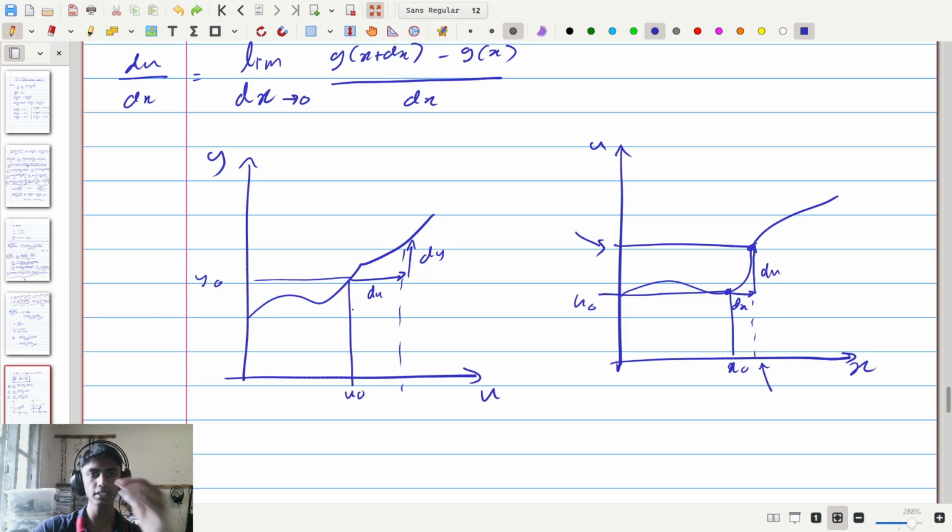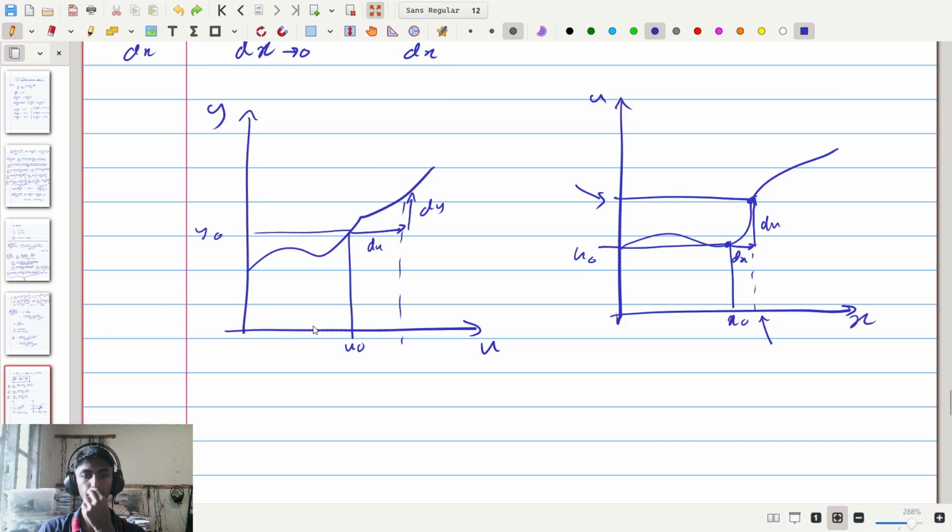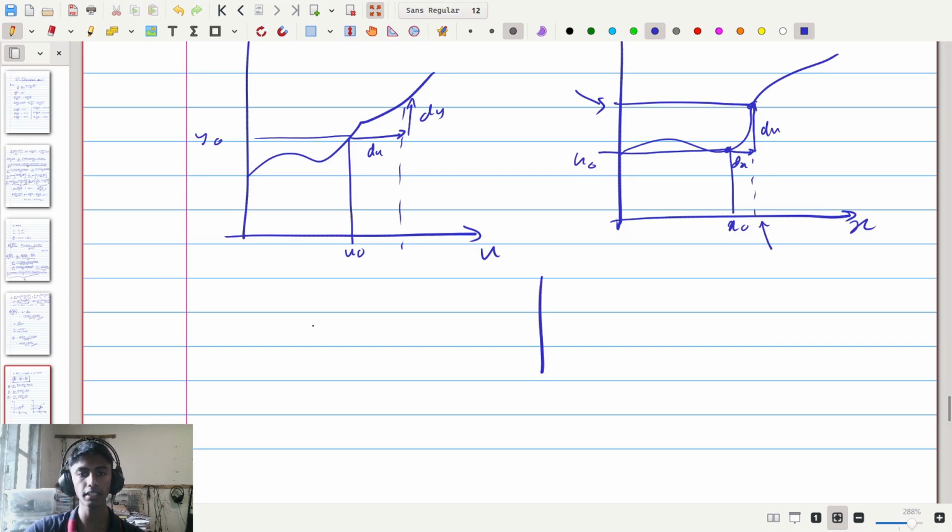And then as dx approaches 0, I want you to note that when this point gets really close to our point of interest, the value of du also approaches 0, i.e. I want you to take away from this graph that the limit as dx approaches 0 is identical to finding the limit as du approaches 0, because when dx approaches 0, du also approaches 0.